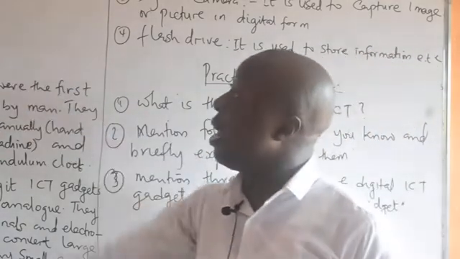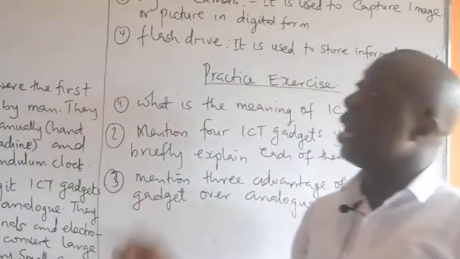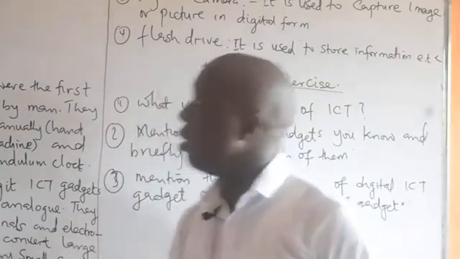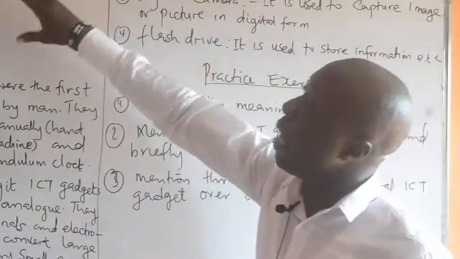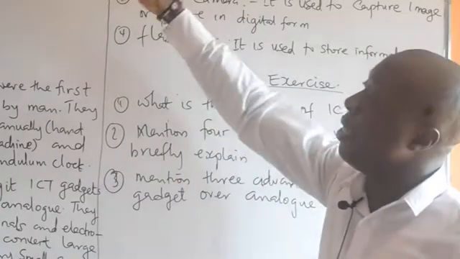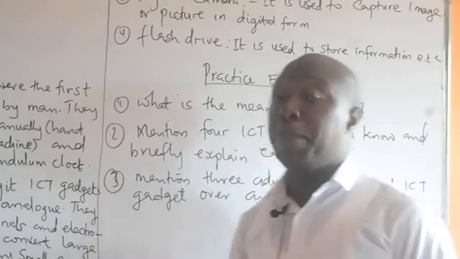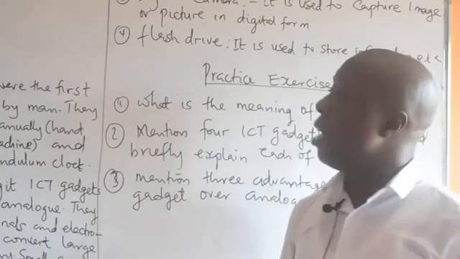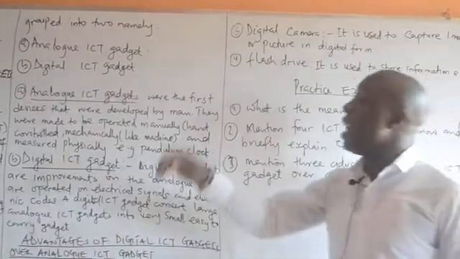We have the analog information communication technology gadgets and the digital information communication technology gadgets. These are the two types of ICT gadgets. The analog was the first devices developed by man, while the digital is the improvement on the analog.